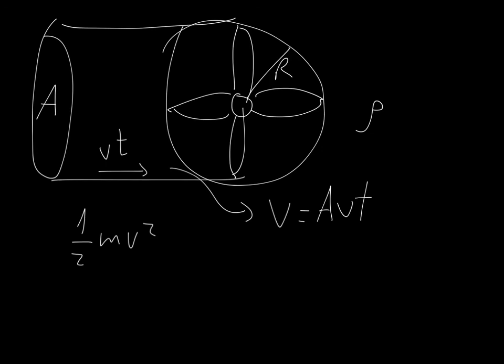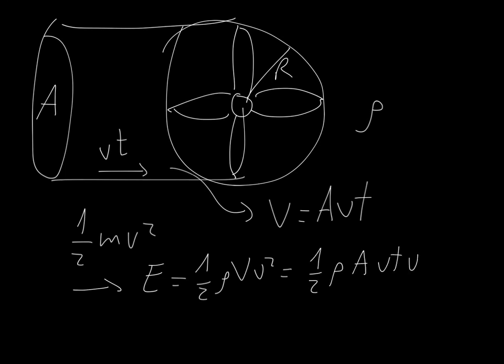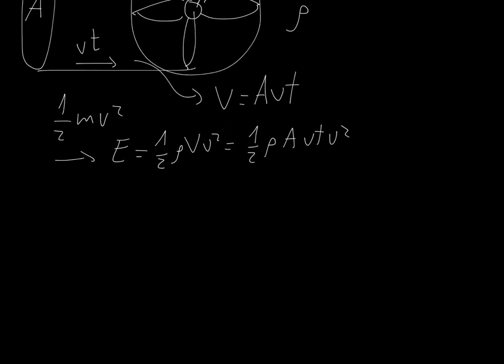Well, mass is just density times volume, so the energy that goes through here in a time t is just going to be 1/2 mv squared, and m is just rho times the volume, and the volume we just said is A v t. So we have 1/2 of rho times A v t times v squared. Great. And now we're done.